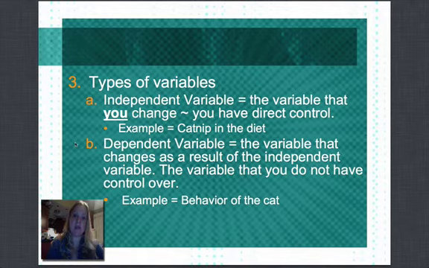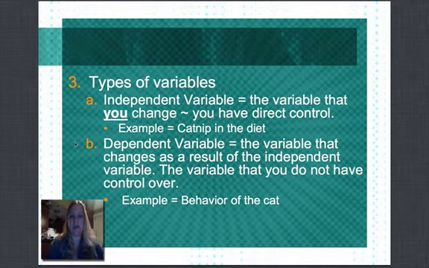Now that can be qualitative, so describing something like the behavior, or it could be measuring something. So in the cats, maybe I'm measuring their activity level. Maybe they're more active. I could measure that, so that would be my dependent variable. In the radish seed experiment, the dependent variable would be measuring the length of the radishes or the stems, whatever, as they germinate.